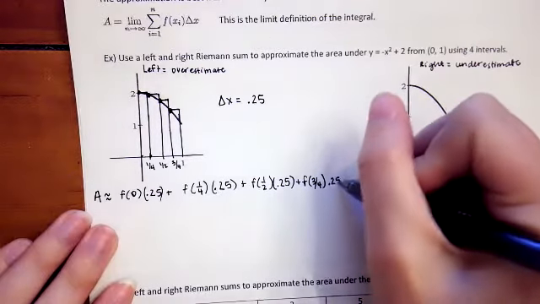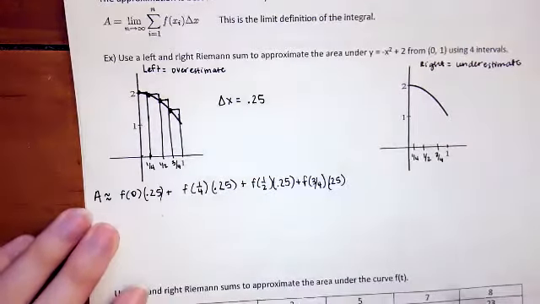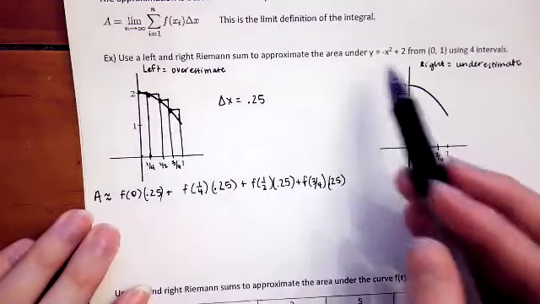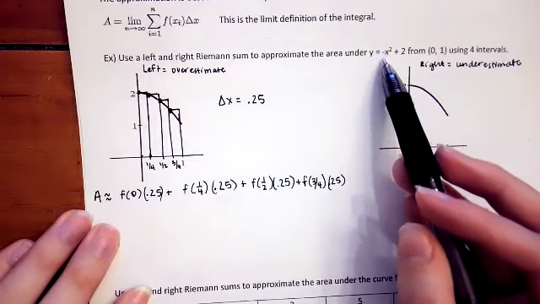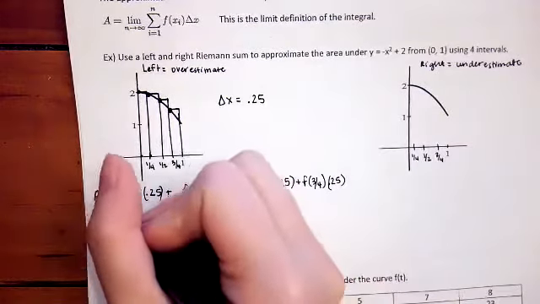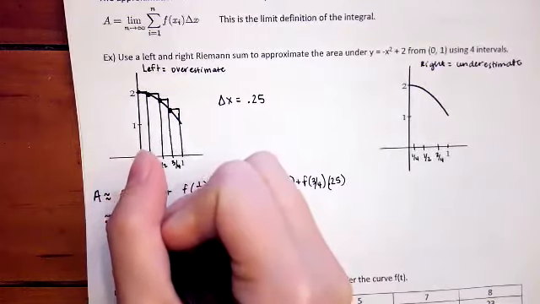times 0.25. Okay. We're plugging in to our original function, which they gave us. Y is negative x squared plus 2. So we can use our calculator for this part.